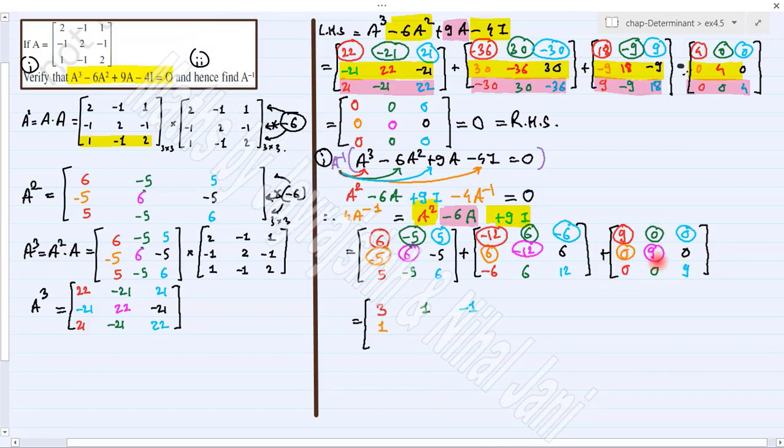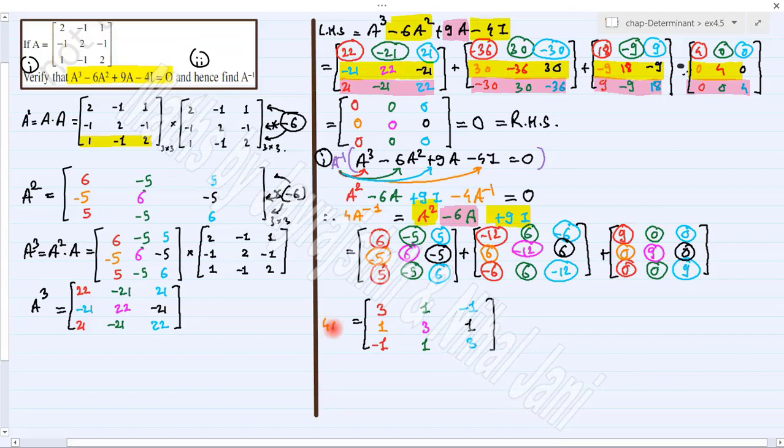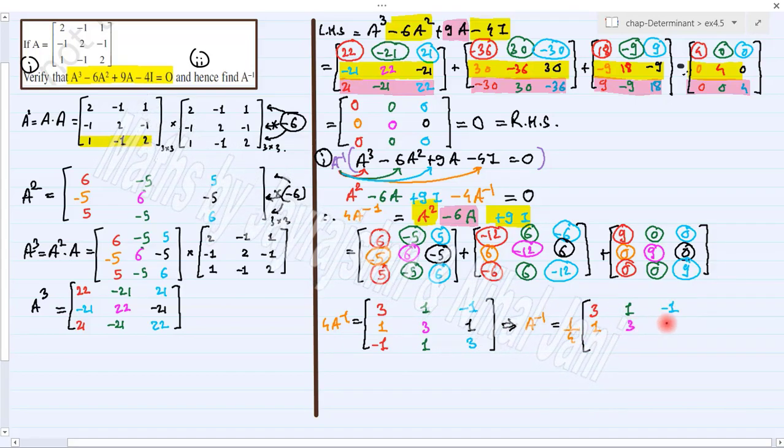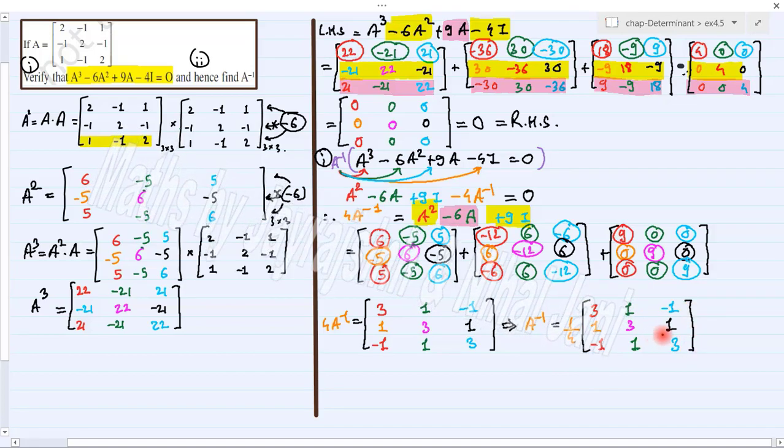Now let's add respective elements. So we get our 4A inverse, or we can say your A inverse is nothing but 1 by 4 of this matrix. So ta-da! We complete our question.